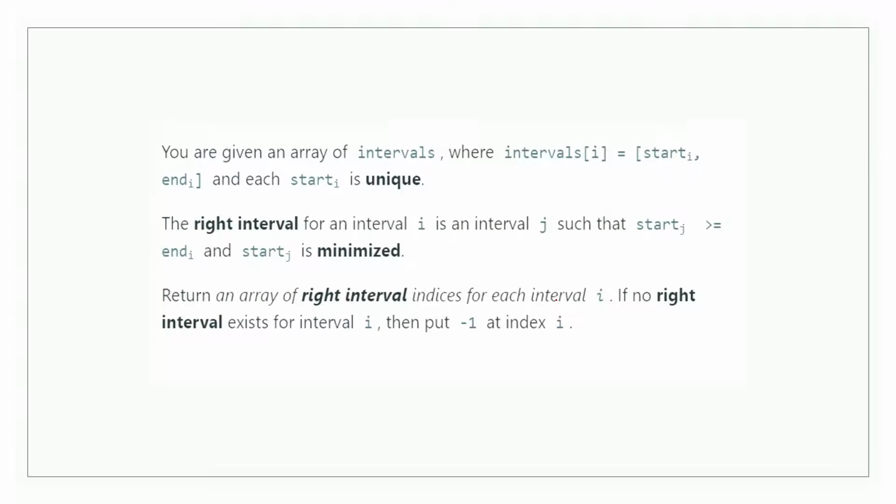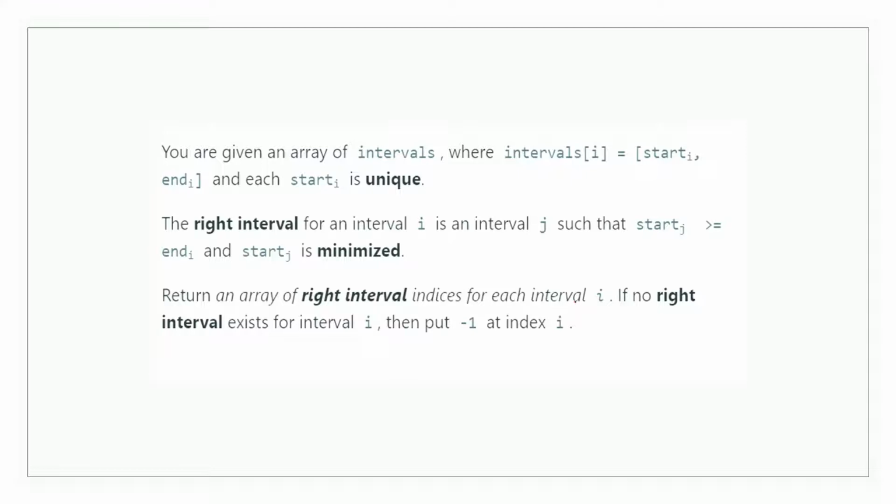Now let's move to the problem statement at hand. We are given an array of intervals where each interval is represented by a start and an end, and each start is unique. A right interval is defined as an interval j such that the start of j is greater than or equal to the end of i, and start of j is minimized.